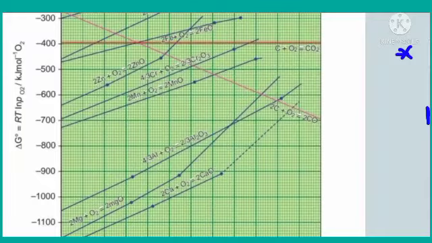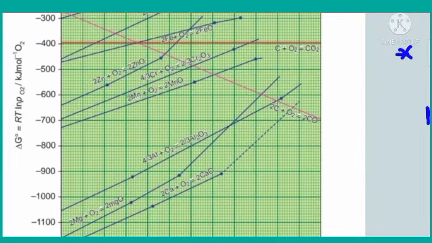According to the Ellingham diagram, the greater the negative delta G naught, the more effective the reducing property. A metal which has a higher negative delta G naught value can act as an effective reducing agent for reducing other metal oxide into metal.